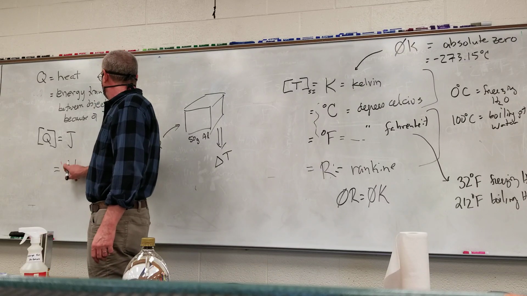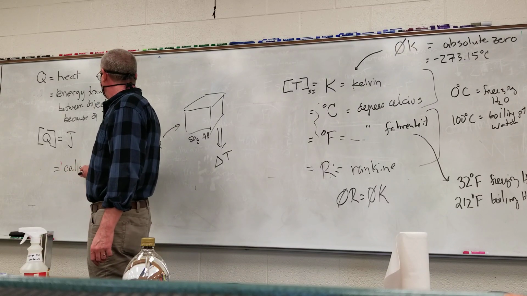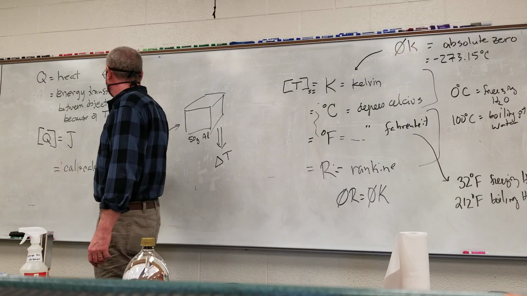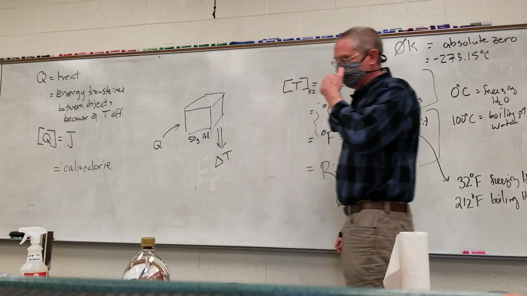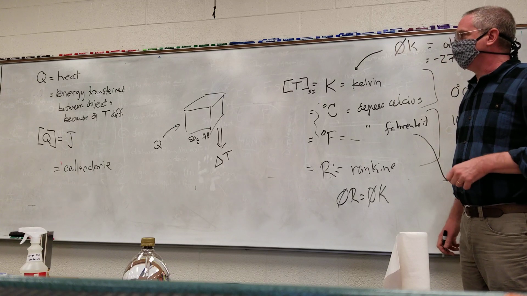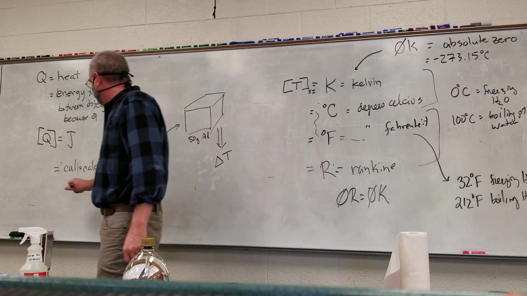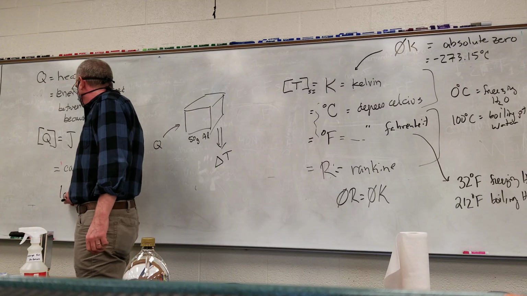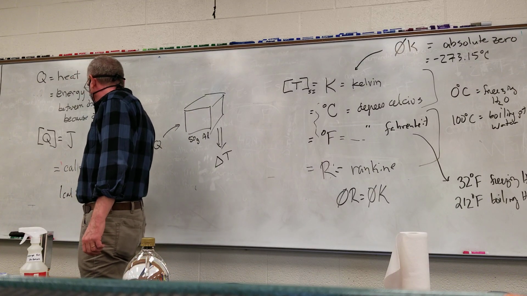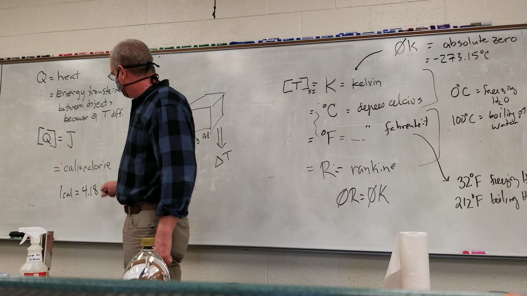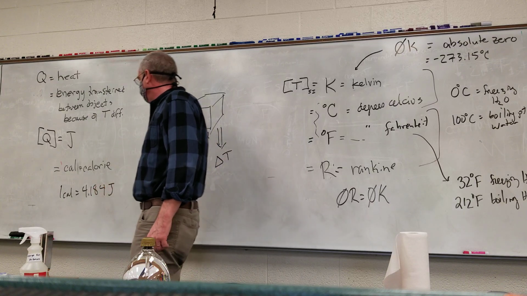Cal. And so it's just a different unit. And so 1 calorie is equal to 4.184 joules.